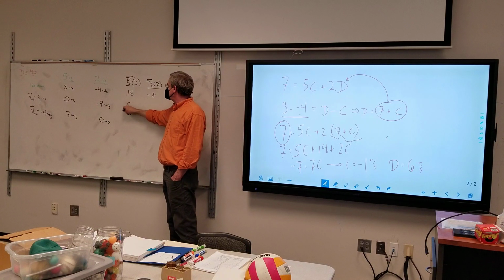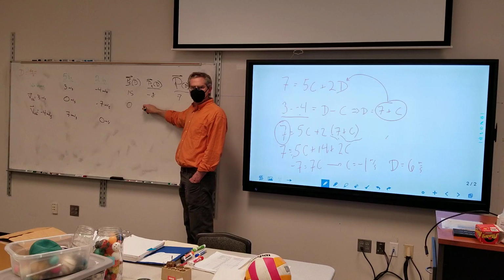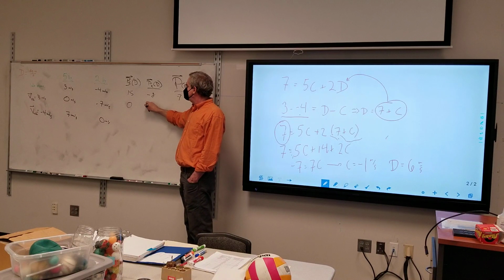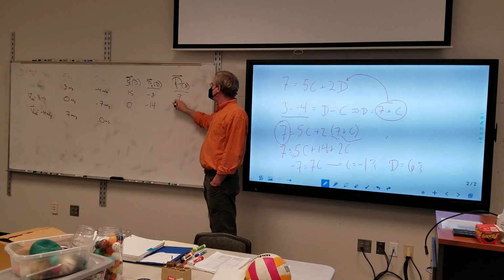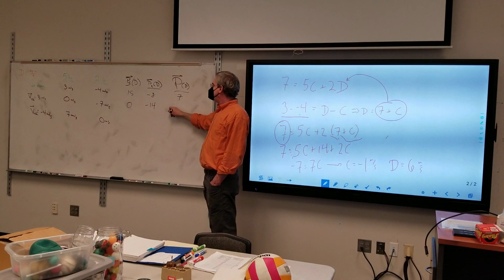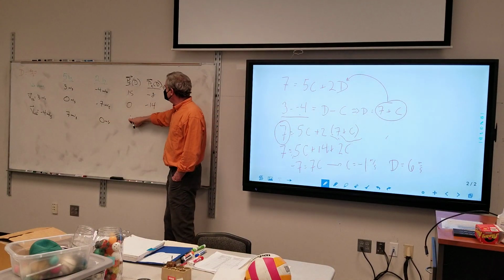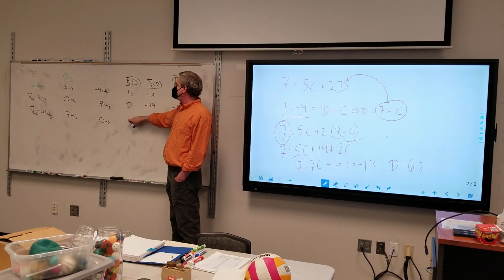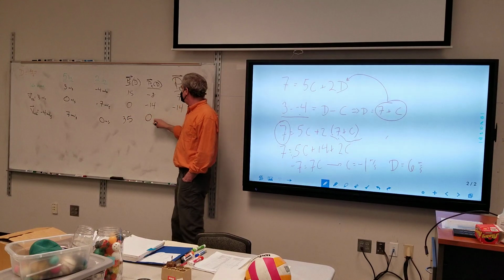What about the 2 kilogram mass? Negative 14. Oh, the mass is 2. Negative 14. In this other frame down here, what is the momentum of the 5 kilogram mass? 35. And then 0, and then 35.